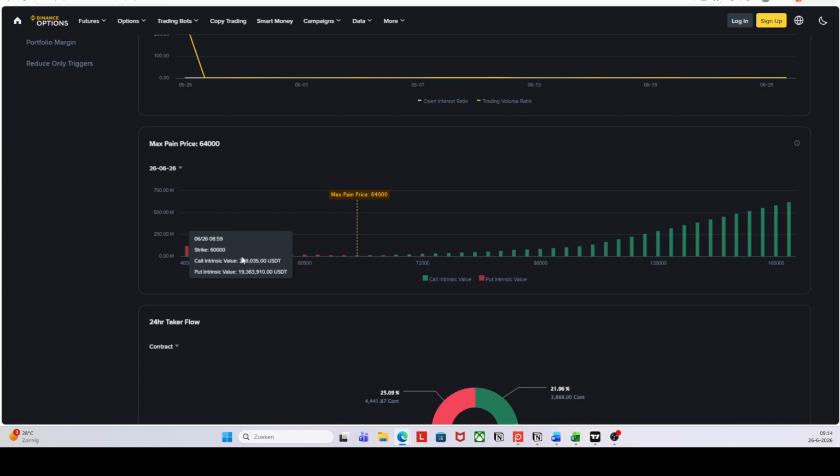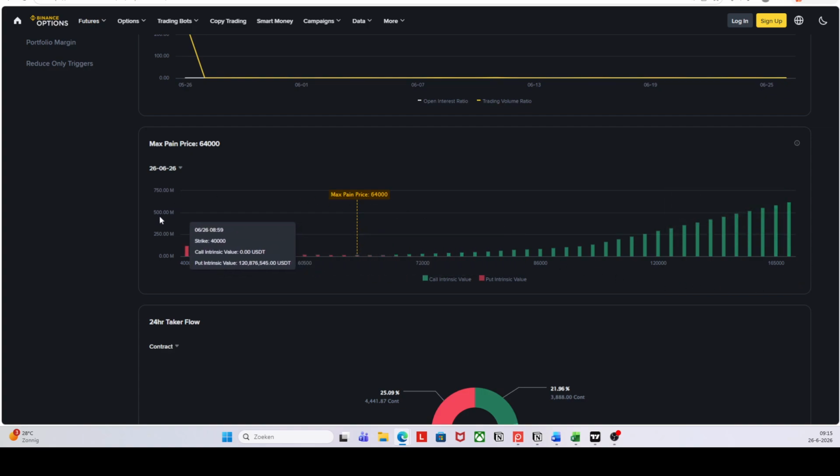And when you see here, everything from 40k to 72k is peanuts when you compare that to 86 to 170.